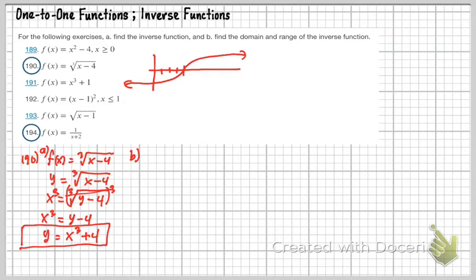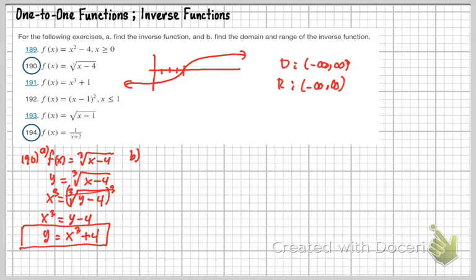There's my 4. Now if I look at the domain of this, I go all the way left and all the way right and everything in between. So my domain of the original, I'll just write D, is from negative infinity to infinity. For the range, my range is how high and how low I go. I go all the way down and all the way up and everything in between, so the range is the same as the domain.